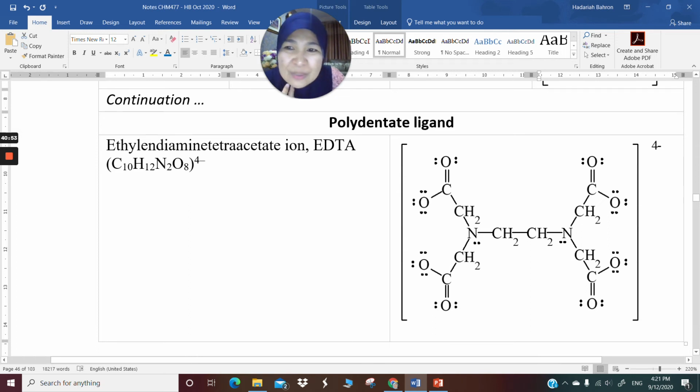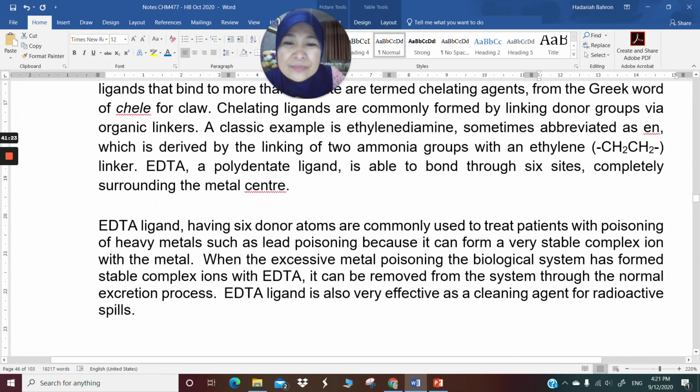So polydentate, which is EDTA, ethylene diamine tetraacetate ion, it has 1, 2, 3, 4, 5, and 6 possible donor atoms that will be able to donate to the same metal center. So a 6 teeth ligand is called a polydentate ligand.